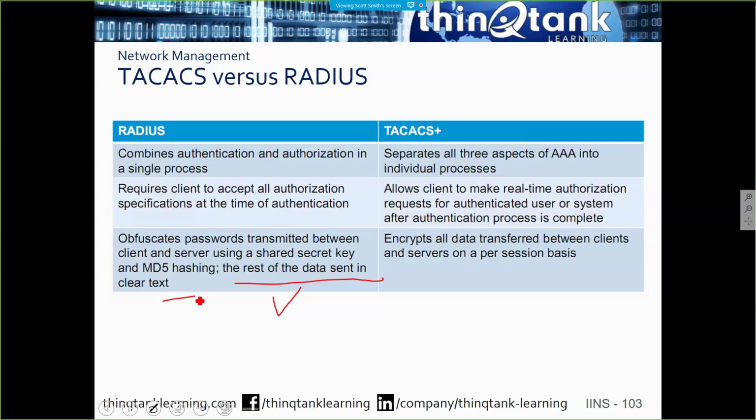So the only thing in a Radius transaction that's encrypted is the password itself. Whereas in TACACS, we encrypt the entire data transfer. Username, password, payload, everything gets encrypted as we go back and forth from the TACACS server to the client. So TACACS is a little bit more secure in that regard.